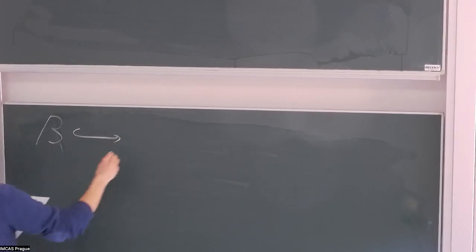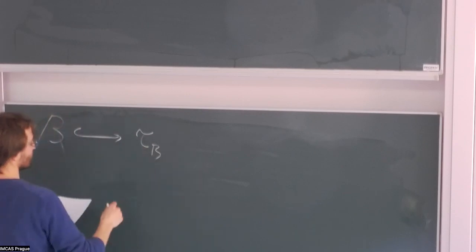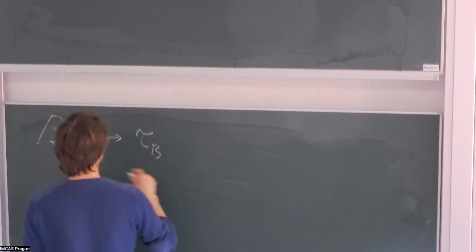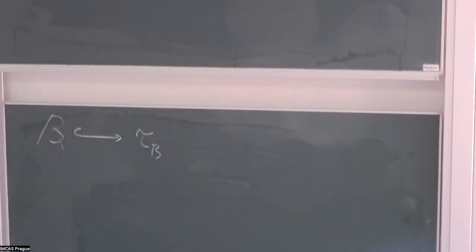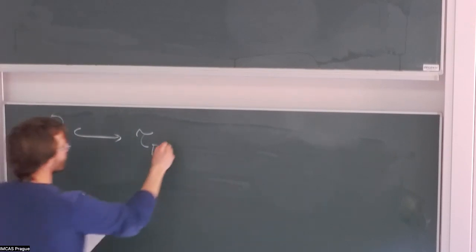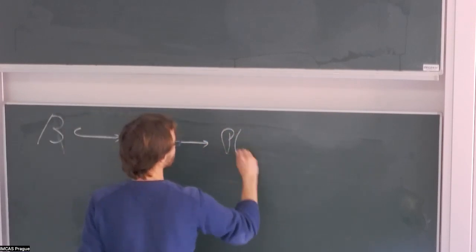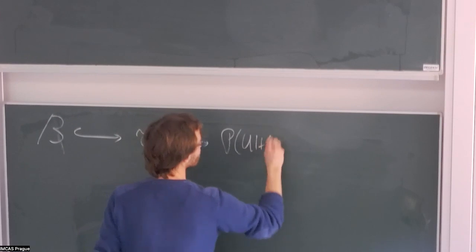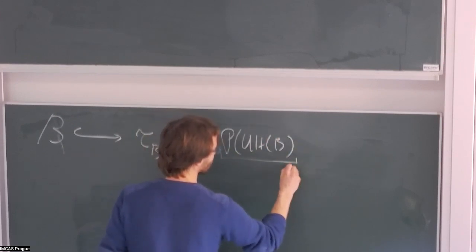I have B, which is embedded into the topology generated by the elements of this form. And then this is just embedded into the power set algebra of filters of B that we would like to think of as the canonical extension.